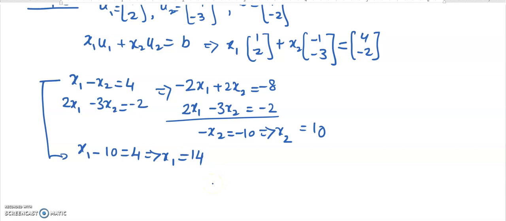So we get values of x1 and x2. By taking x1 equal to 14 and x2 equal to 10, we can say that b is in the span of vectors u1 and u2.